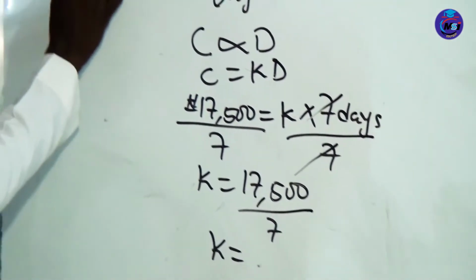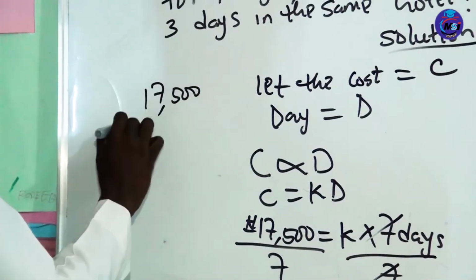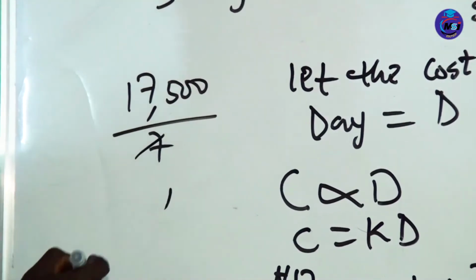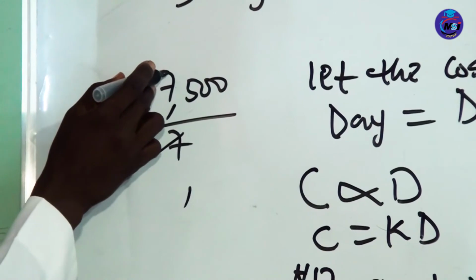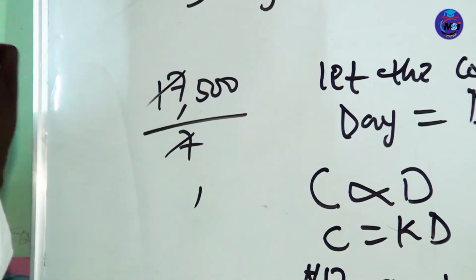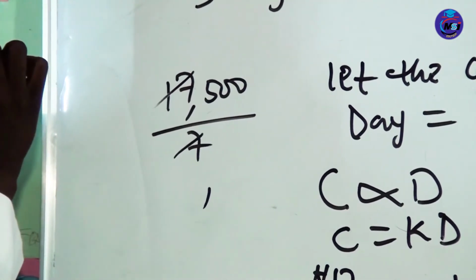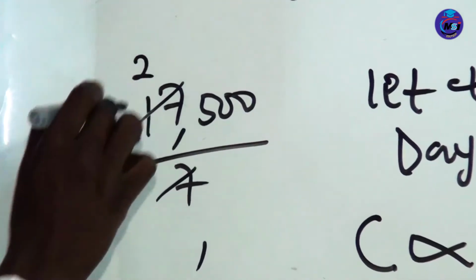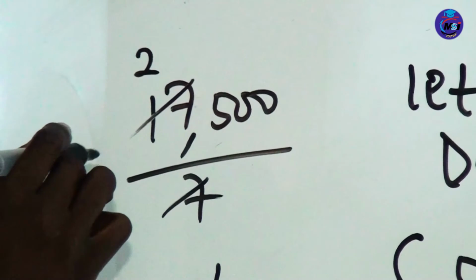So K is going to give you what? Let's solve it together. 17,500 divided by 7. 7 in 17 is 2, since 7 times 2 is 14, remainder 3.